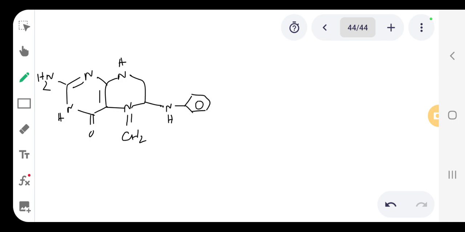We have studied this ring comes from the PABA, para-aminobenzoic acid, which actually stays in the bacterial body, not in human body. So that's why bacteria forms the folic acid, and this is, we all know, glutamic acid moiety.